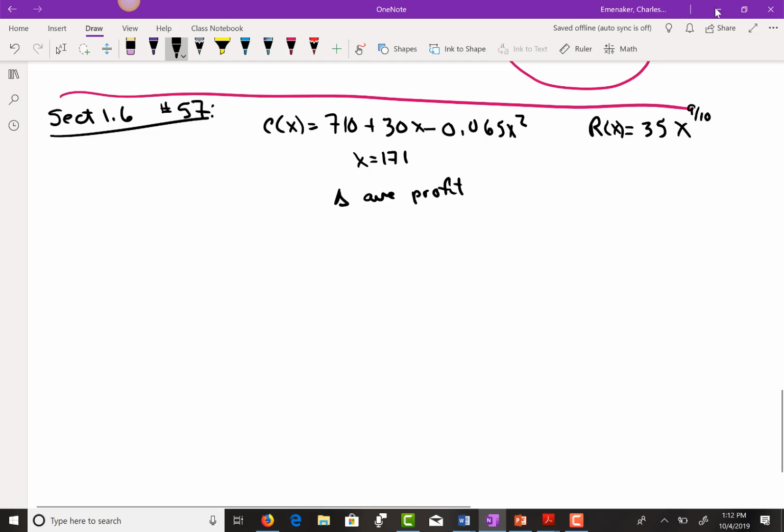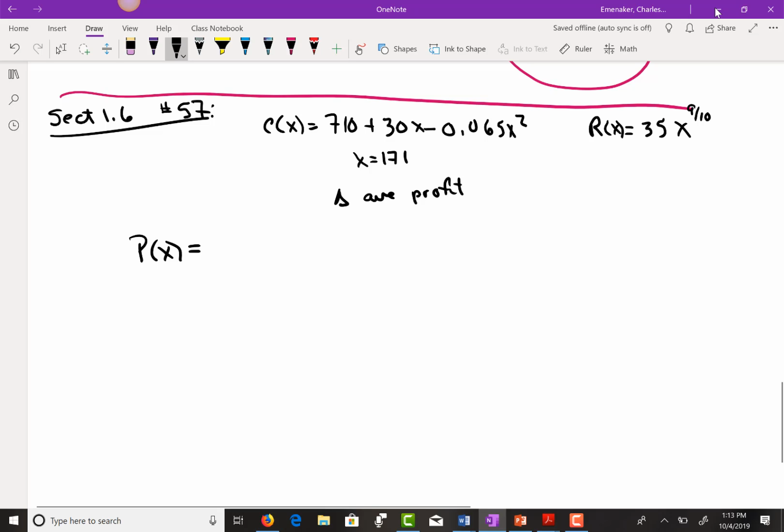Okay, first thing we got to do here, after safely handing that back over, we've got to get a profit function. What's the profit function for this? It's going to be P of x equals. How do you do profit? Revenue minus cost.